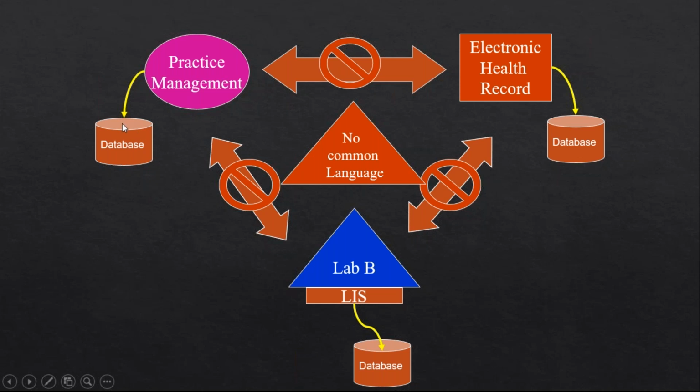As he already has knowledge about PM data, he will extract the data from the PM database and send it to the EHR database. During this process he has to understand the electronic health record database completely, which is a new thing altogether, and then write the queries to insert the data into the electronic health record.